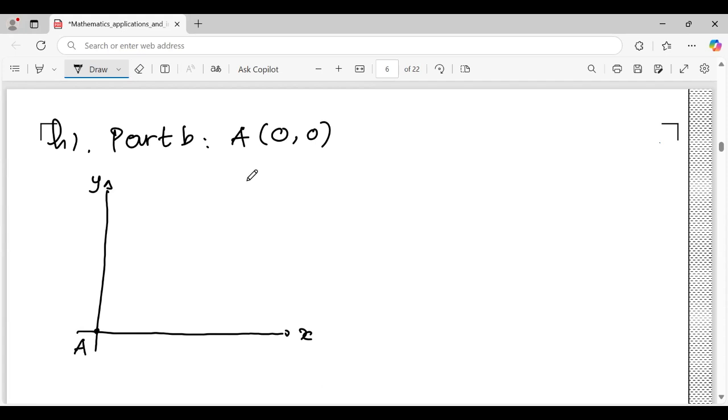According to part B, the phase plane will have two equilibria. So A is 0, 0, and the second equilibrium B is 3, 4.